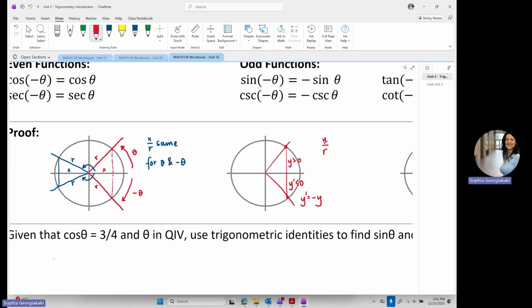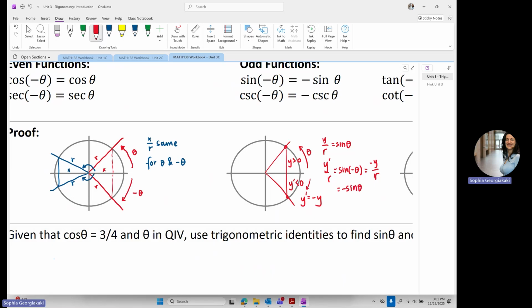So if I'm looking for the y over r, that will be the sine of theta. And the y prime over r will be the sine of negative theta, but that will equal negative y over r. So it will equal negative sine of theta.